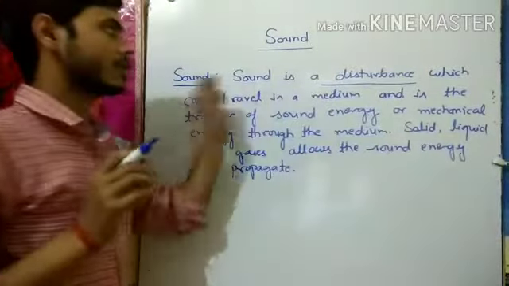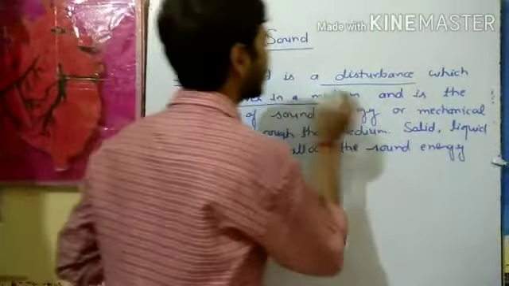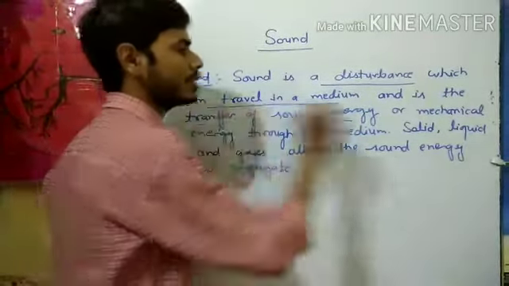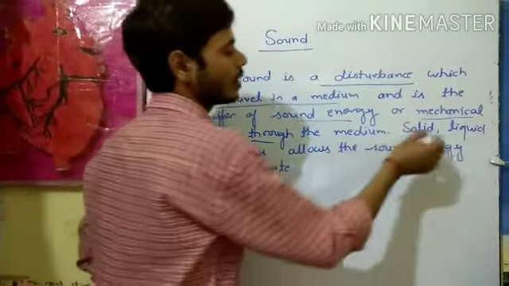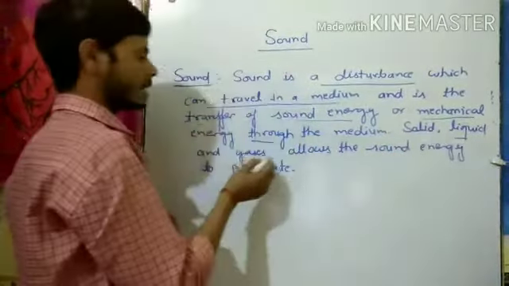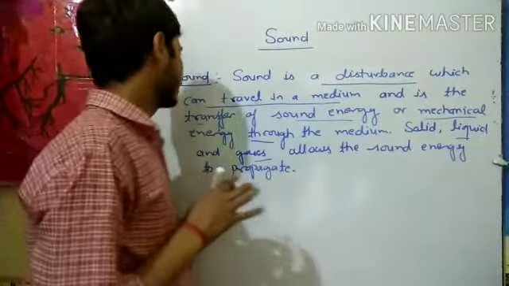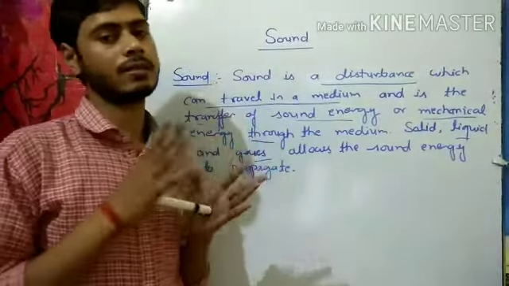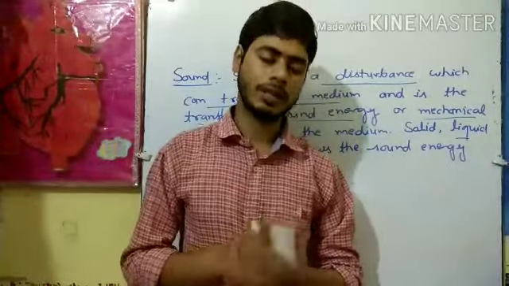Sound is a disturbance which can travel in a medium and is the transfer of sound energy, or we can say mechanical energy, through the medium. Solid, liquid and gases allow the sound energy to propagate. That means sound can travel in solid, liquid and gases all. So this is the definition of sound.